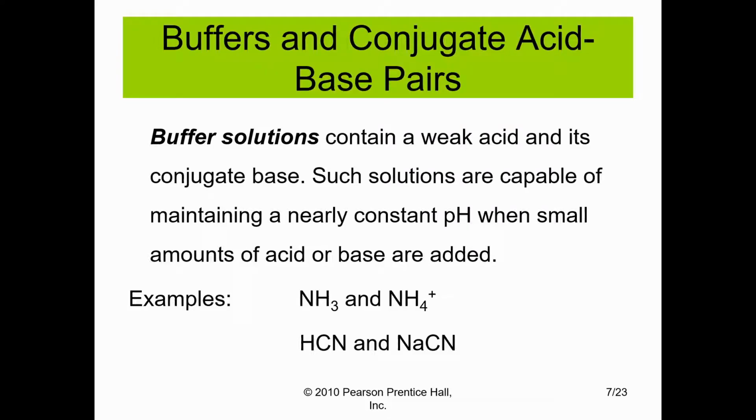And that's because the conjugate acid-base system, the buffer, is able to accept a proton or give away a proton if additional acid or base is added. An example of a couple conjugate acid-base systems that are buffer solutions would be NH3 and NH4+, as well as hydrogen cyanide and sodium cyanide. These molecules differ only by one proton.